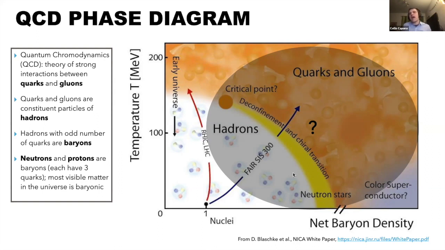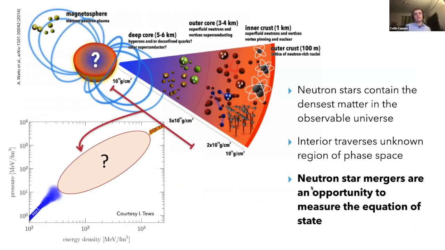But how that happens, especially at low temperature, and what the characteristics of the matter, the quark gluon plasma, are, is unknown. In particular, one of the major questions is whether there is a first order phase transition from nuclear matter to this quark gluon plasma, or even things like a color superconductor. Another way to think of this is to fix the temperature at a low value and look at a pressure versus energy density diagram.